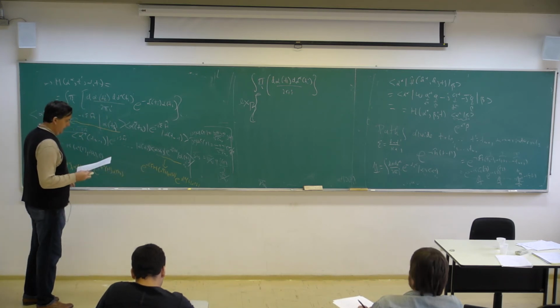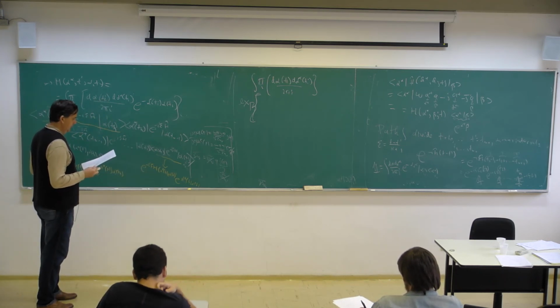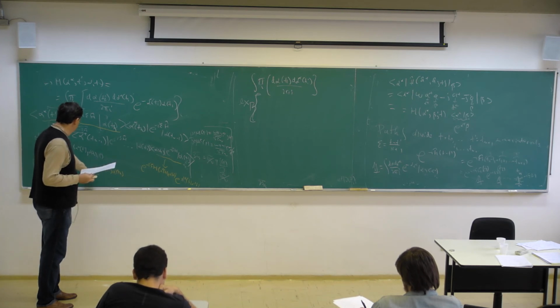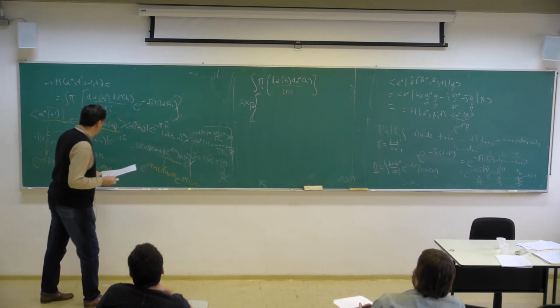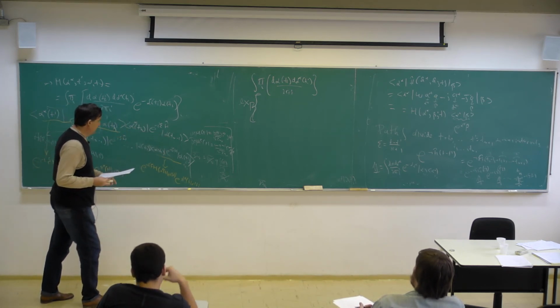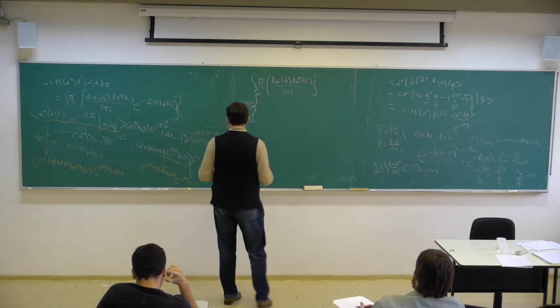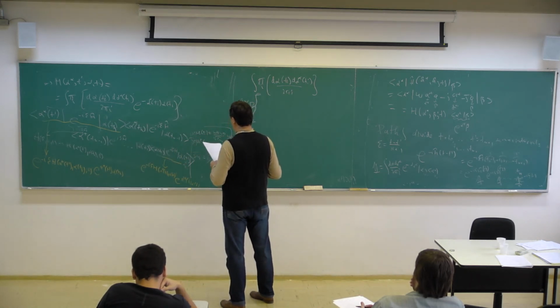But then I also have these terms coming from the products, from this times this. But here I have alpha star t prime, alpha t, and so let's write the correct term.